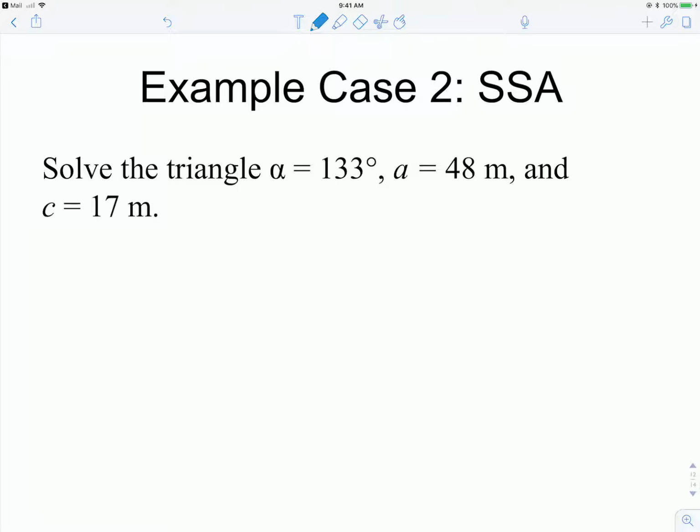Okay, so here, if you weren't sure, you could always draw a picture of a triangle, labeling the angles and the sides, and fill in which information you are given to see that you have the SSA case. The next thing I have to solve for is angle gamma. So I can use law of sines, and I'm going to do sine of 133 degrees in the numerator, since we're solving for an angle right now.